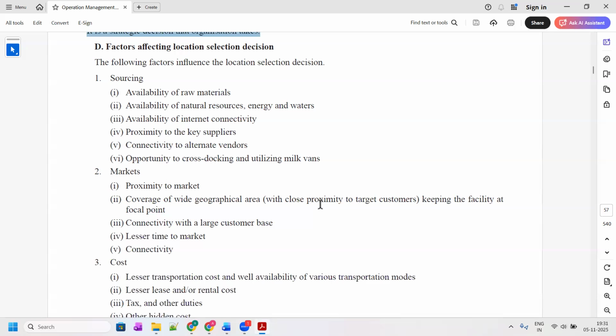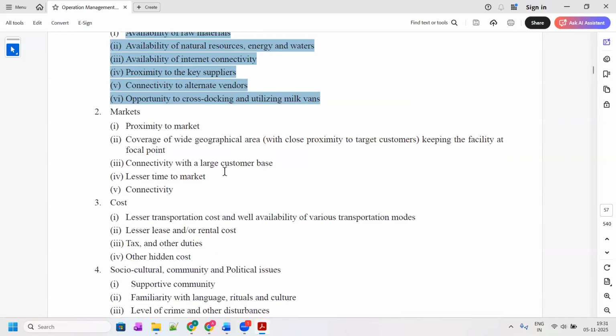So when we talk about the factors which affect the location selection decision, that factor can be your sourcing factor, or it can be a market factor. Market factor basically means closeness to the market, so that they can deliver the goods closely to the customer.